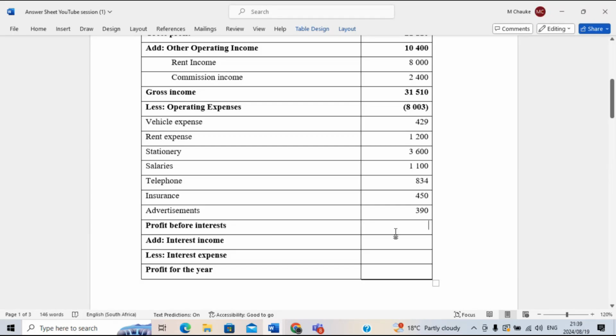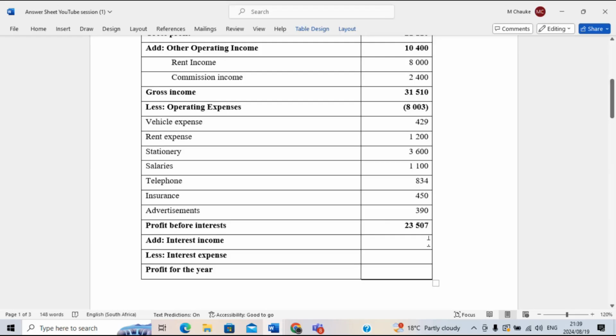So how much is your profit before interest? Remember, you have to say gross income minus operating expenses. So 23,507. That's what I'm also getting on my side.